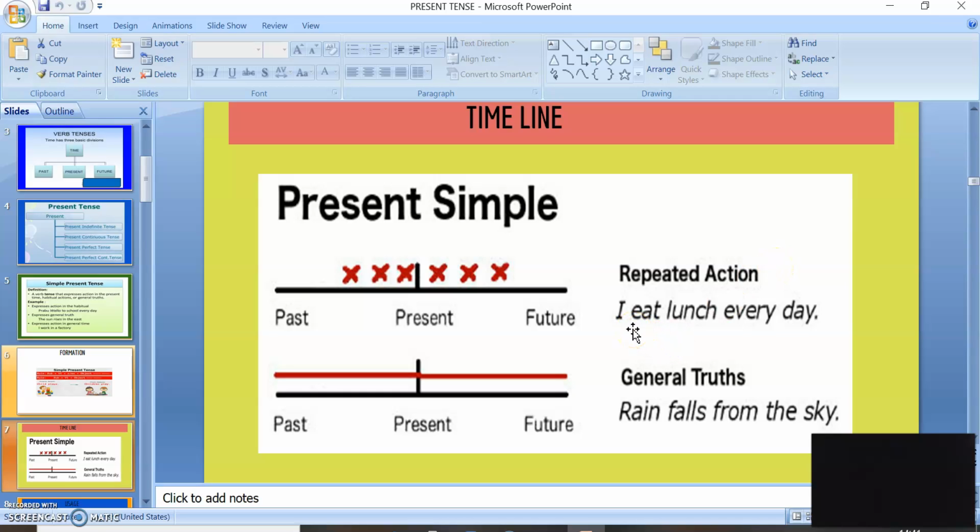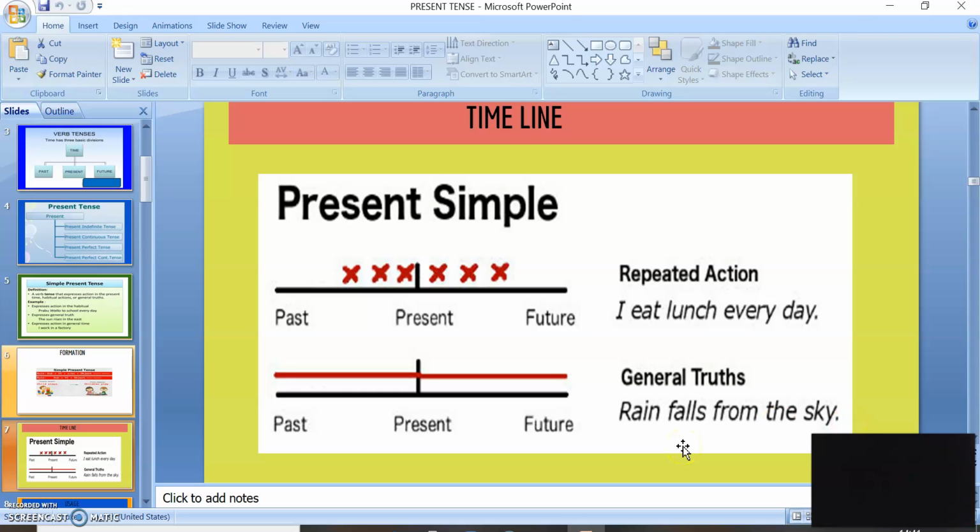I eat lunch every day, so this is my daily routine. That's why I've made a sentence using subject plus base form of verb followed by the rest of the sentence. Similarly, general truth: rain falls from the sky.